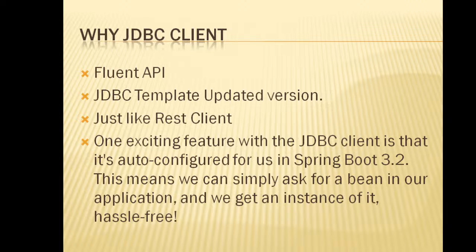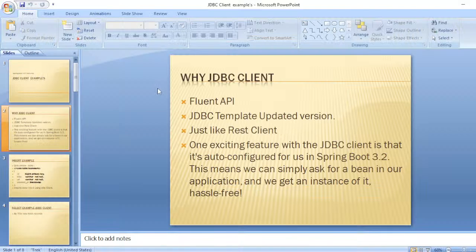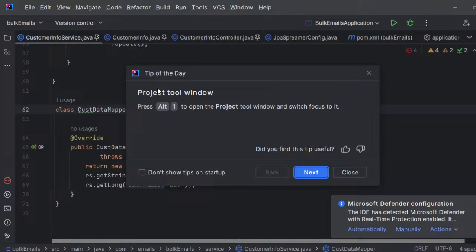This is just like REST template, where a lot of overloaded methods will be there, and that is not good. That's why they went with Fluent API. In Fluent API, it's very easy to maintain.